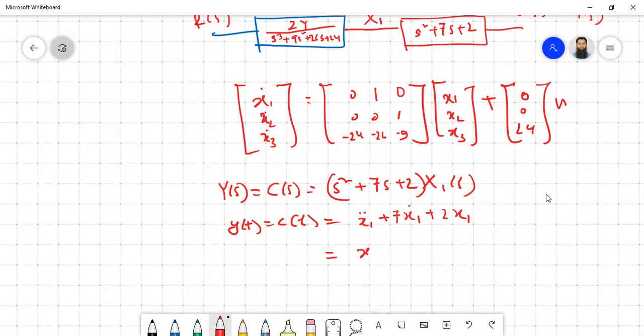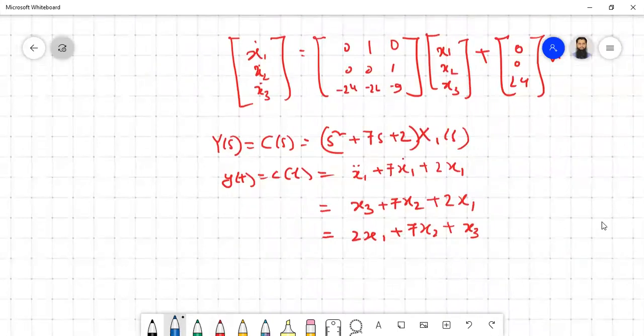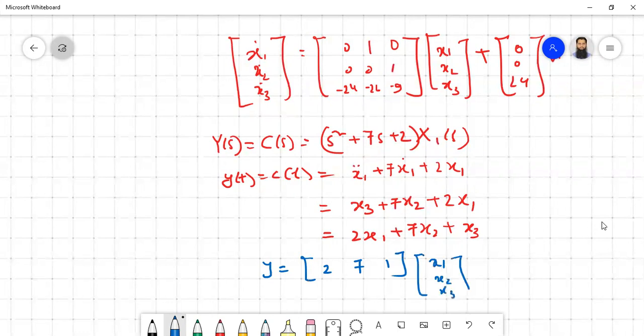So we can write x3 plus 7x2 plus 2x1. If we rearrange, 2x1 plus 7x2 plus x3. To write the output equation, y equals 2, 7, 1 times x1, x2, and x3. So this is your C, and this is your X. There is no D involved here as well.